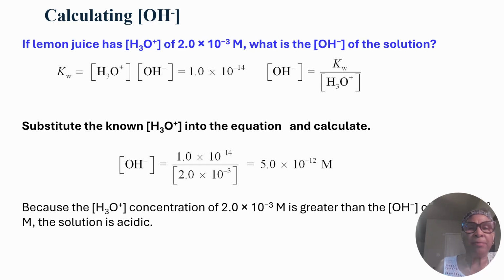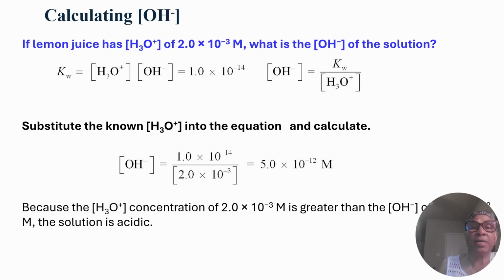In this example, the concentration of hydronium is known. We use the same formula, but this time we divide the ionization constant of water, Kw, by the concentration of hydronium. The concentration of hydroxide is really small, it's 10 to the negative 12. This solution is acidic. We know that because the exponent for the concentration of hydronium is lower than negative 7.